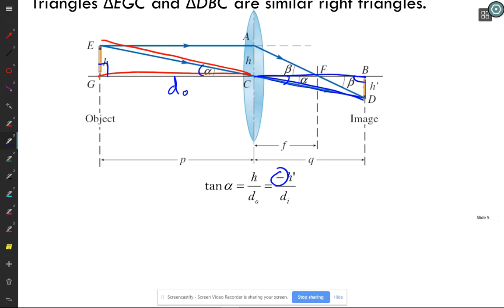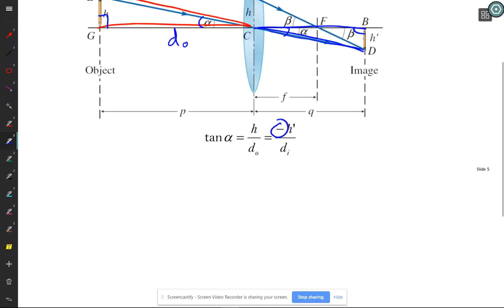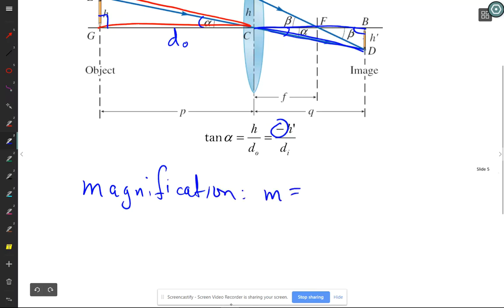So this relationship tells me a relationship between the height of the object and image and the distance for the object and image. Now we define magnification. I used I for image here, and I had H prime on the other one.